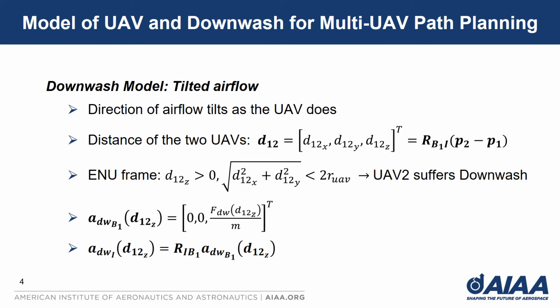If it is in the east-north-up frame, then UAV2 will suffer from the downwash if the Z component of the distance difference is larger than 0, and the horizontal distance difference is within the diameter of the UAV. And the equation shown in the last line shows the direction and magnitude of the downwash acceleration that UAV2 will suffer from the inertial frame point of view.